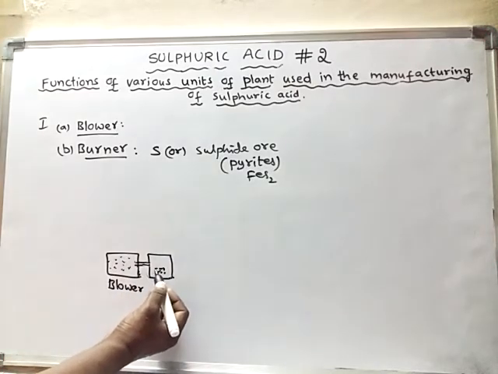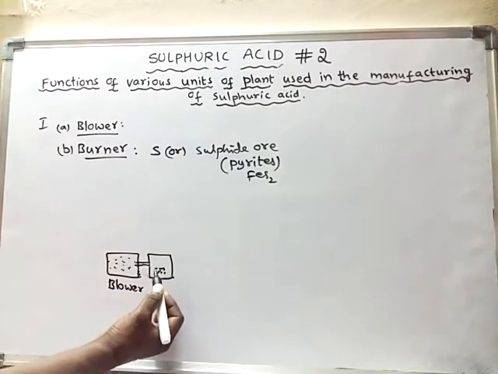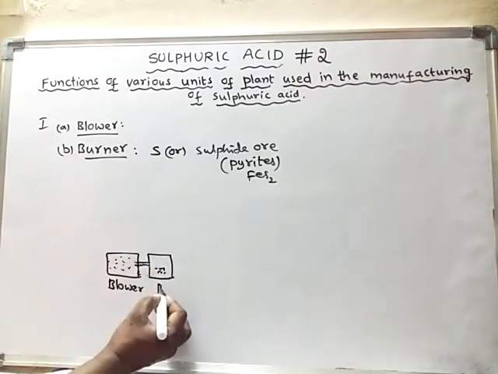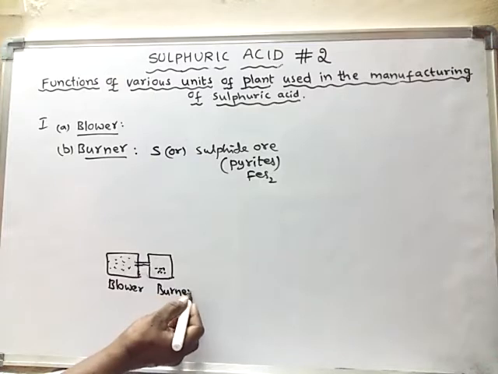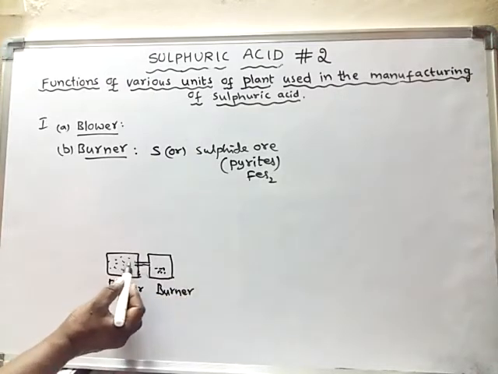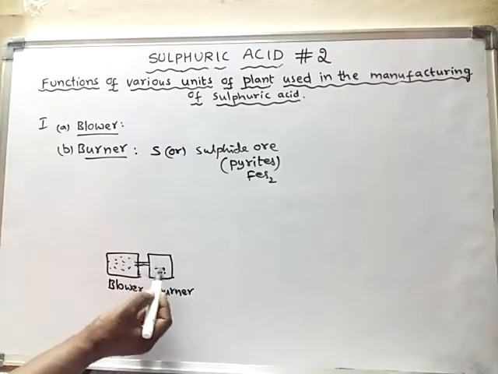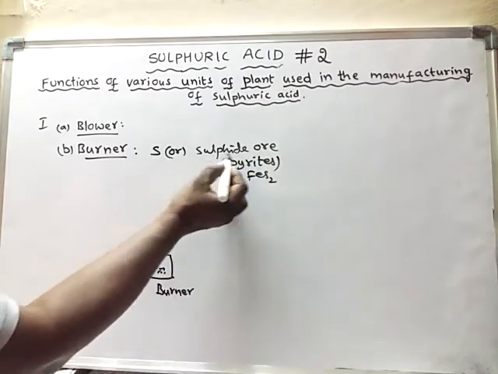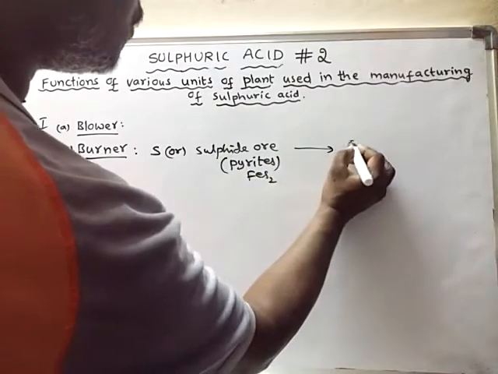So in the burner, what happens? The oxygen will react with the sulfur or sulfide compounds, and they are converted into sulfur dioxide.